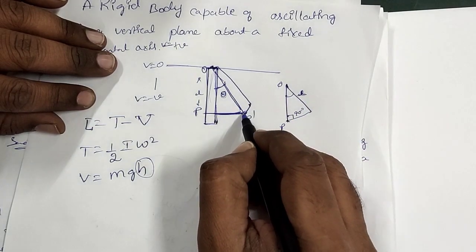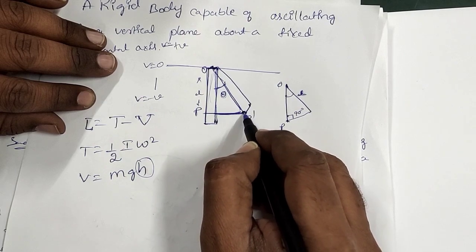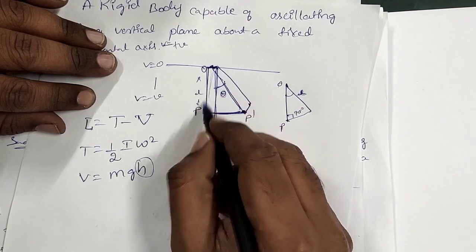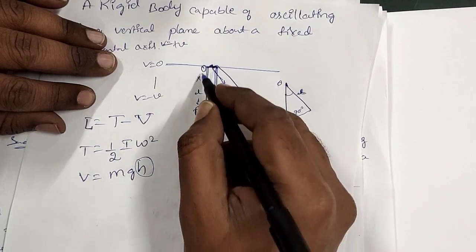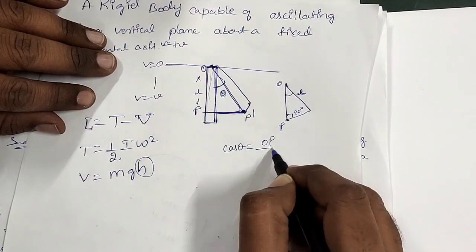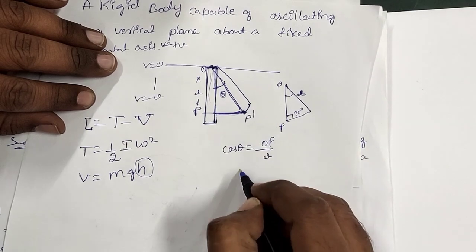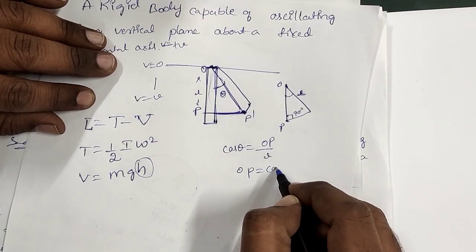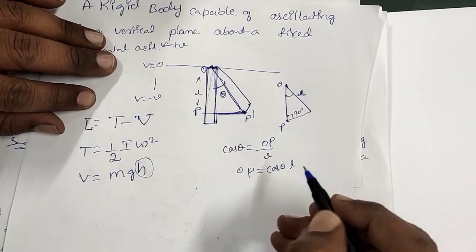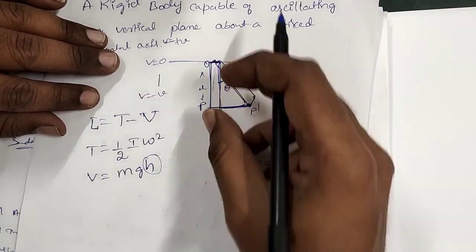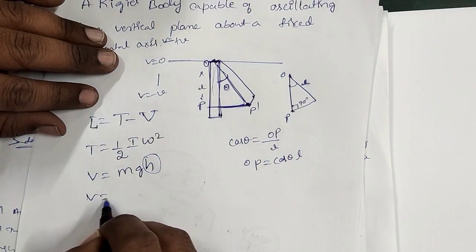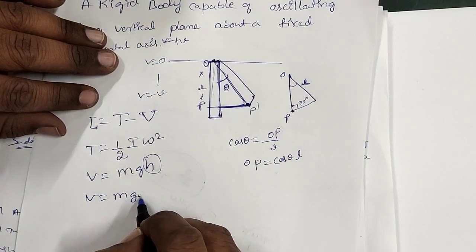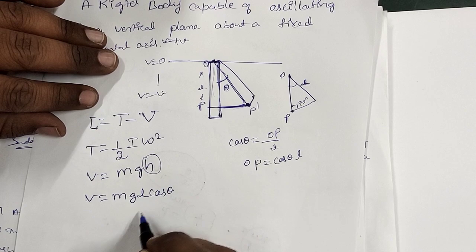If we take the resolution along the normal direction, cos theta is equal to adjacent, which is OP, by hypotenuse, which is L, so OP is equal to L cos theta. This OP is the height, so V is equal to mgL cos theta.